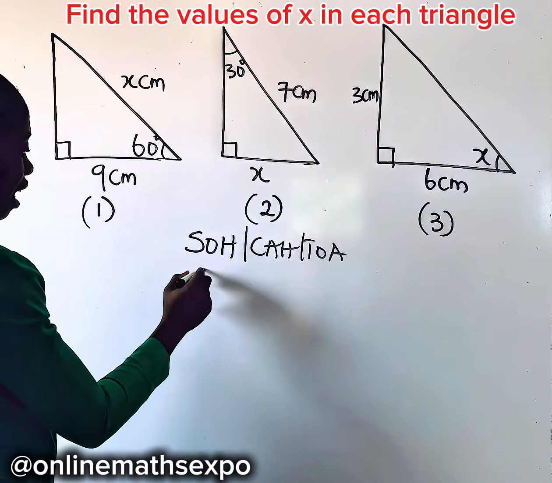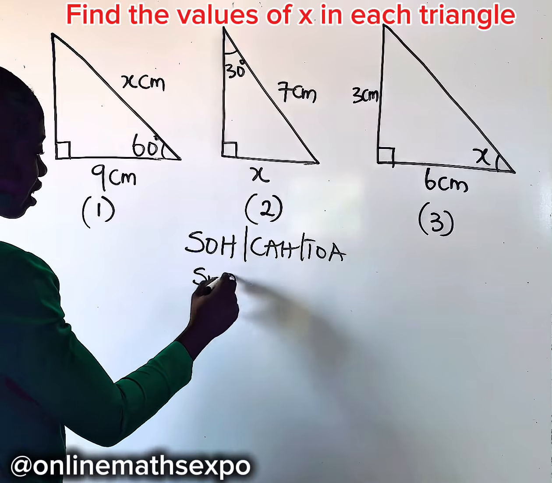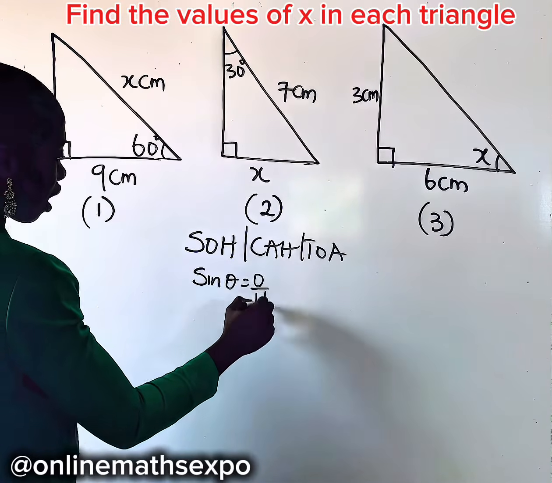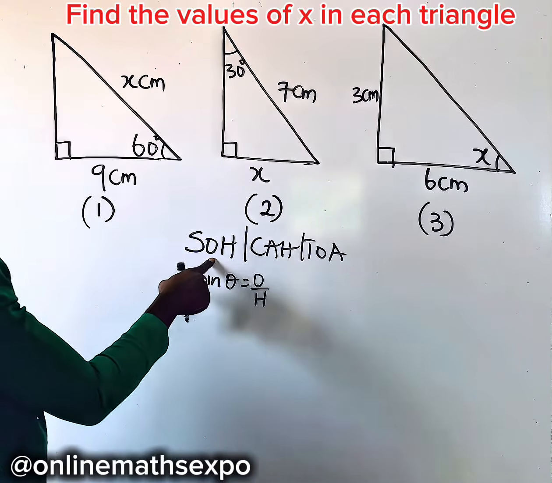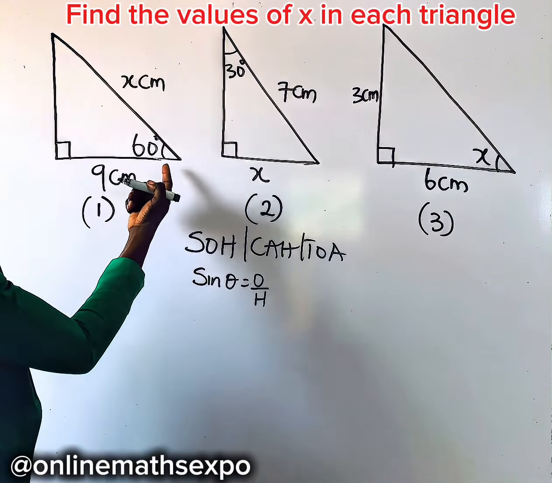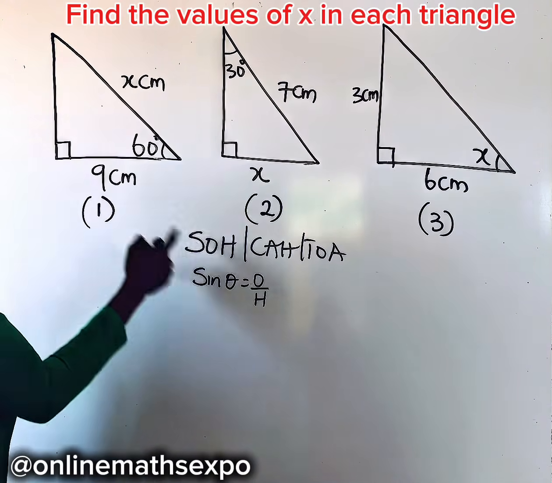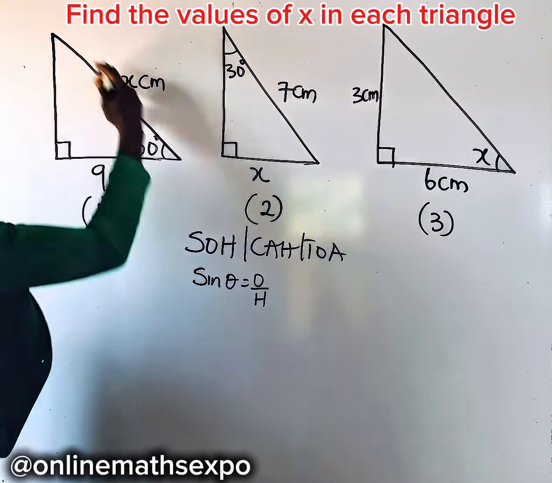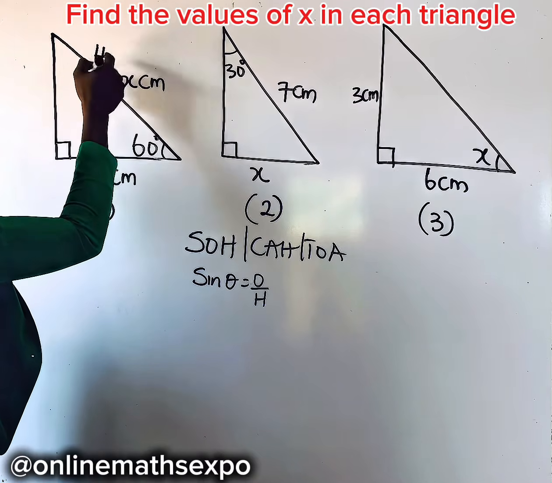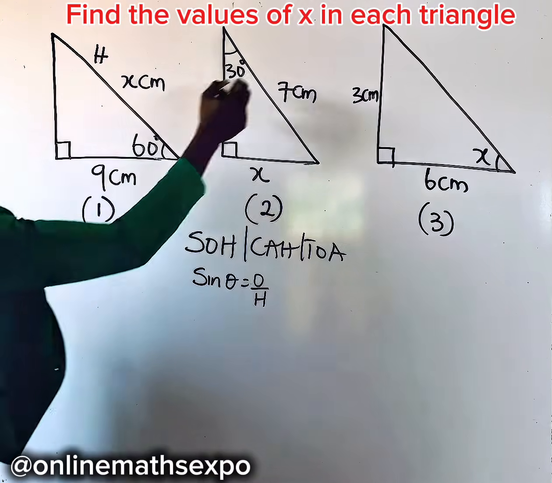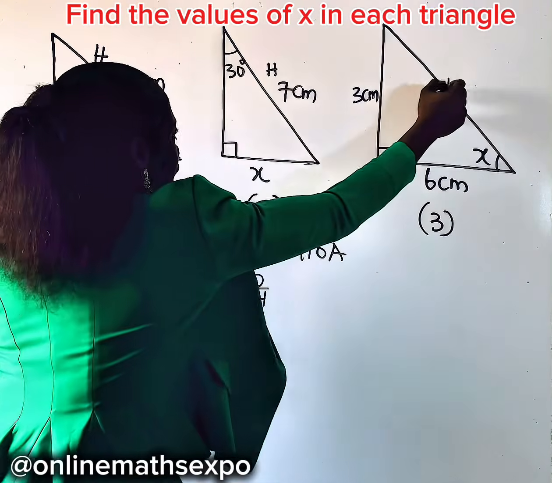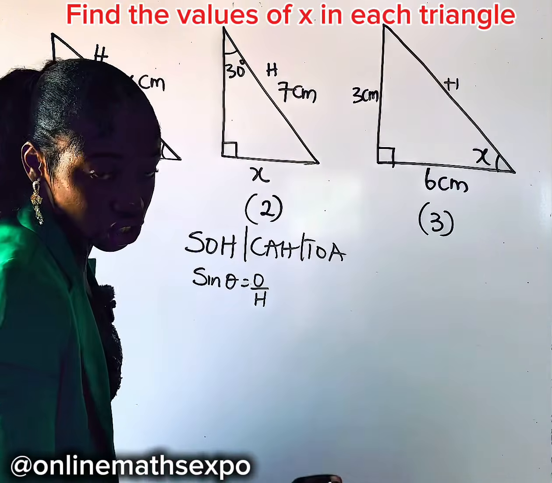We have it that sine theta is opposite over hypotenuse. We've already said that the opposite is the side that is facing the angle. The hypotenuse is the longest side, and it's always fixed. This is your hypotenuse side, and this is hypotenuse. It does not change.